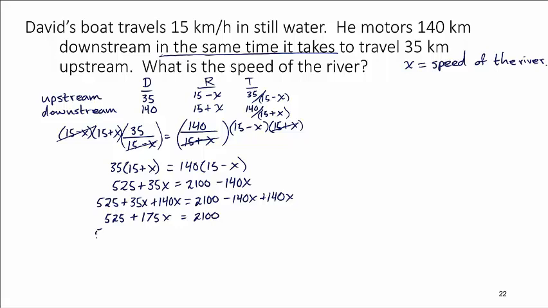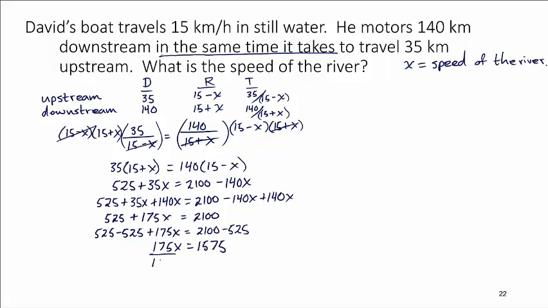And now I want to subtract 525 from both sides. So 175x is equal to 2100 minus 525, which is 1575.